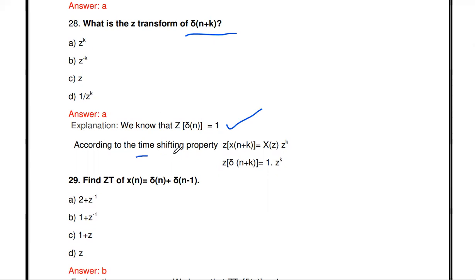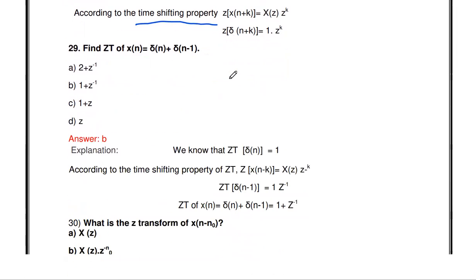Then according to the time shifting property, the Z transform of del of n plus k is x of z multiplied with z power k. What is the x of z value? 1. So 1 into z power k. So z power k is the answer. This is the Z transform.